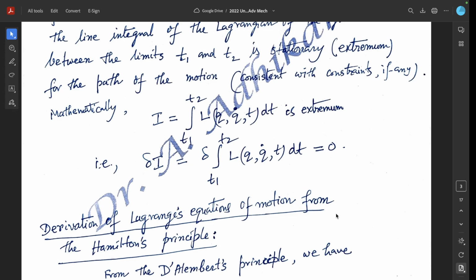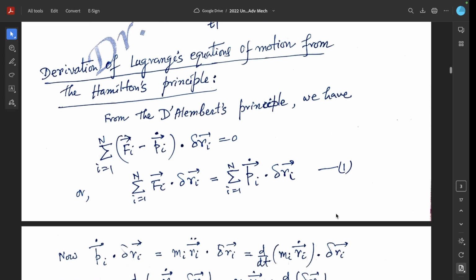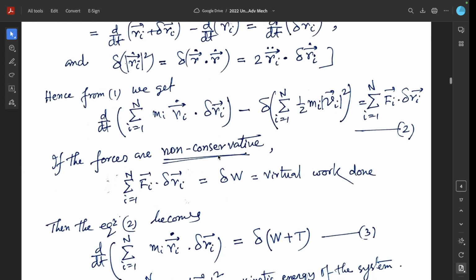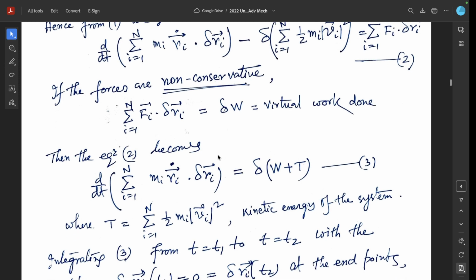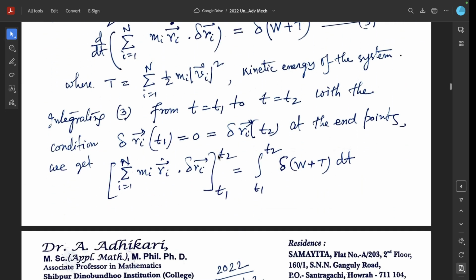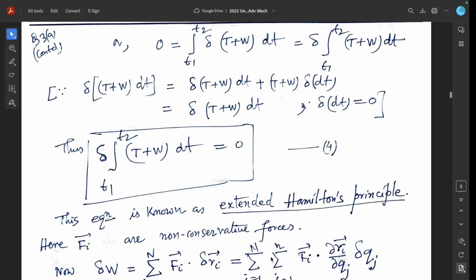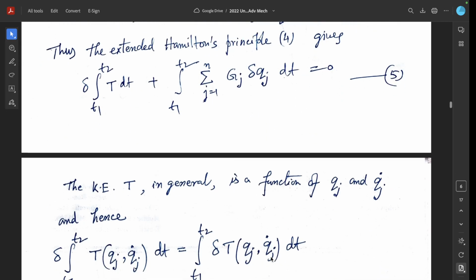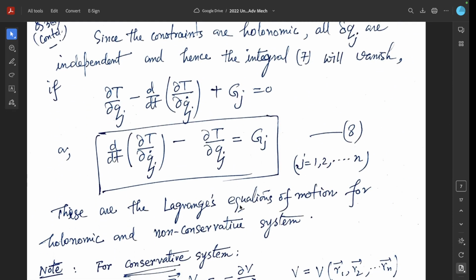Now, the derivation of the Lagrange's equation of motion from Hamilton's principle. This is the D'Alembert principle, and here we discuss the non-conservative case, when forces are non-conservative. This integration is the extended Hamilton's principle, and from it we finally get the Lagrange's equation of motion.